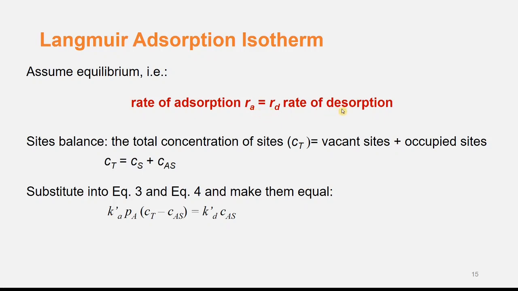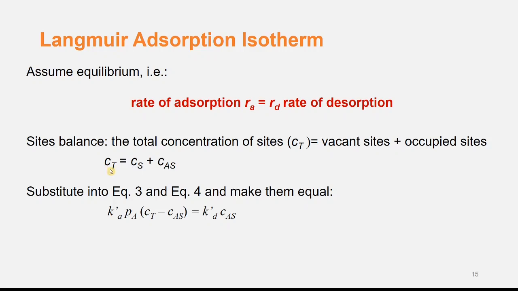We don't want to keep track of two surface concentrations, Cs and CAS, because they are very difficult to measure. We can replace one of them with CT, the total number of sites, which is a constant. We can do that by writing a site balance.